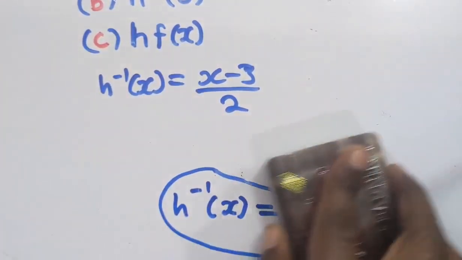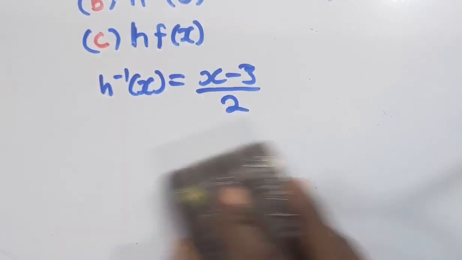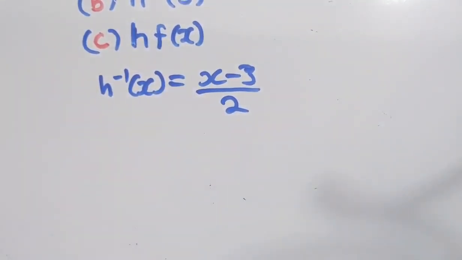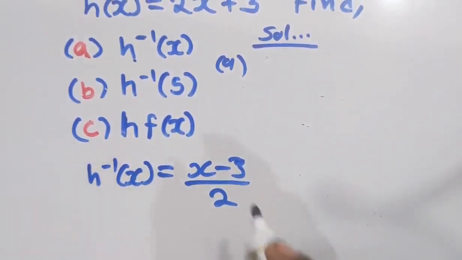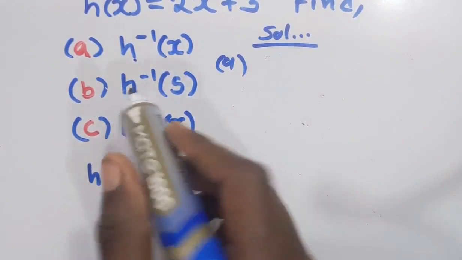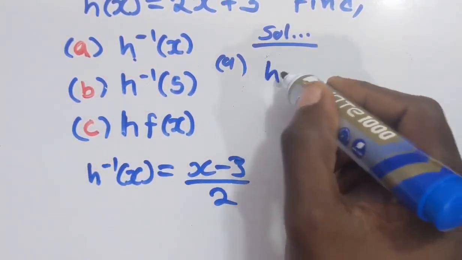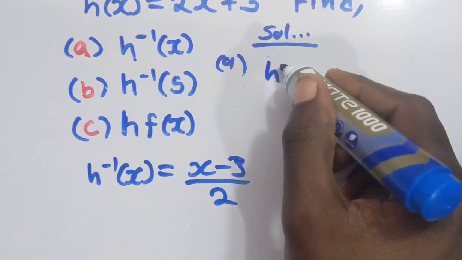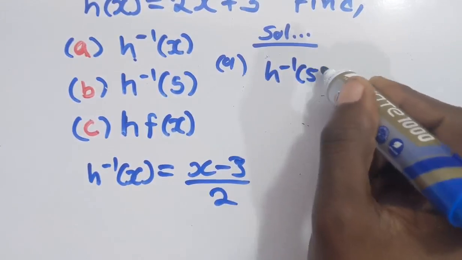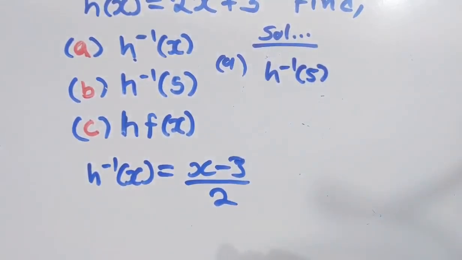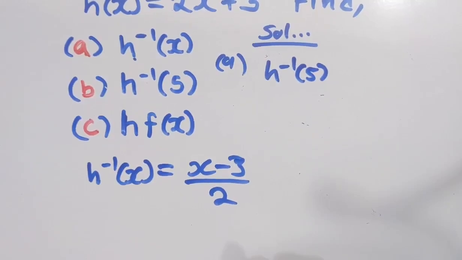Now let's solve the second question. The second question is saying that we should find h inverse of 5. That is what we are supposed to find.